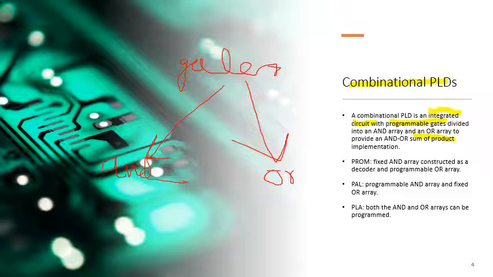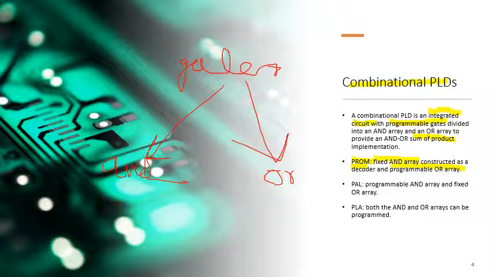In the programmable ROM, the programmable read-only memory, we have the same structure, but the AND array is fixed, which is basically constructed as a decoder, and we have the programmable OR array.